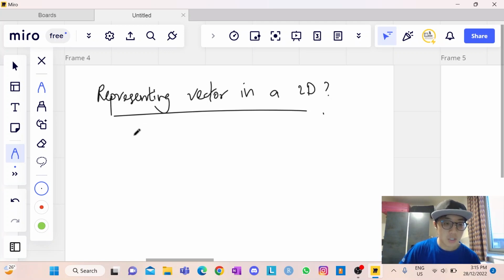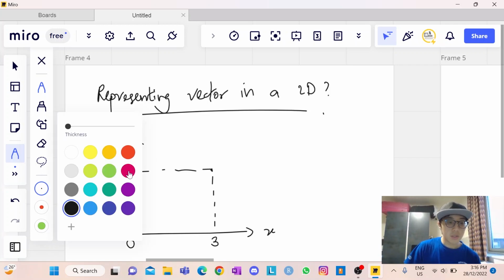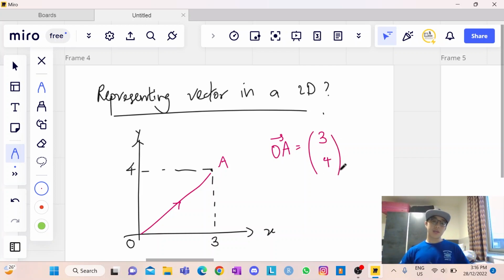The main goal is to say that if this is y and this is x, and from the origin we reach this place right here, which is 3, and this place right here is 4, and we name this A. So from O to A, we say that is equal to 3 and 4. You can see how we denote a vector vertically instead of a coordinate, which is horizontal.